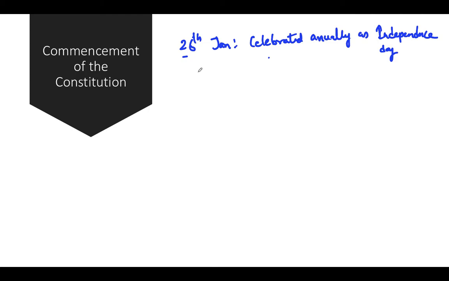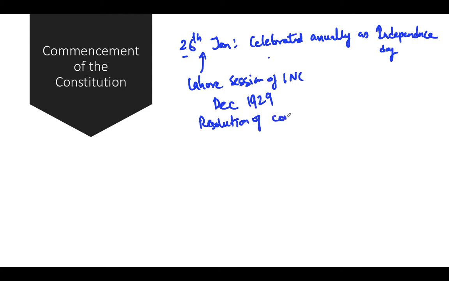So, in the Lahore session in the year 1929, for the first time, the Indian National Congress, or the Congress Party, took the resolution regarding complete independence of the country, not certain independence, not partial independence, complete independence.